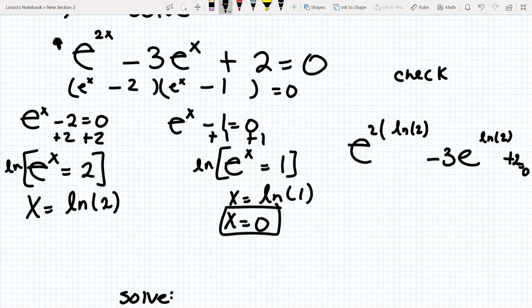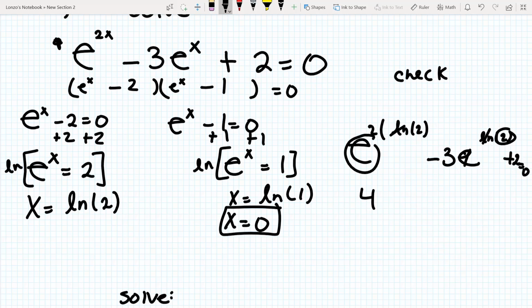Okay, so over here, e and the ln of 2 cancel, right? So what I'm saying is e and the ln cancel, so you're just left with 2 and 2, which is 4. And then over here, the e and the ln cancel because they're inverses, so you're left with a 2.